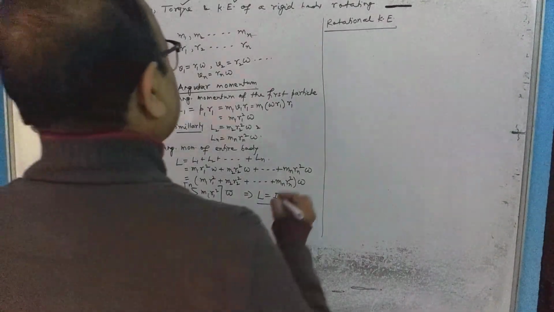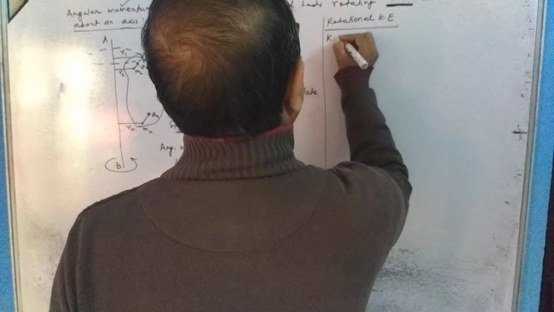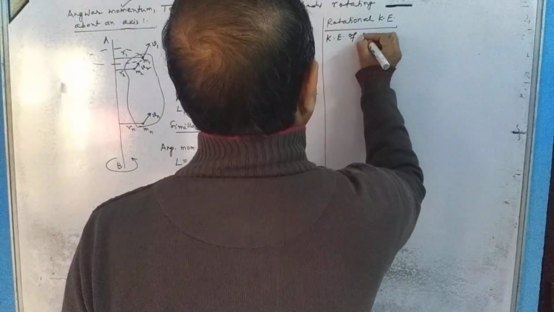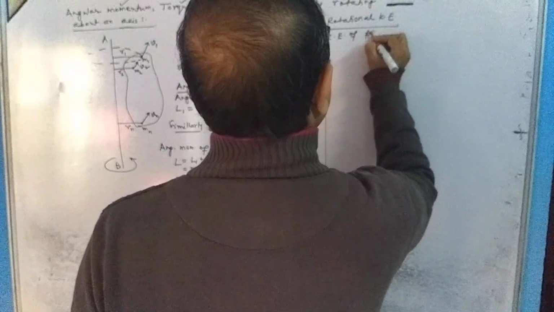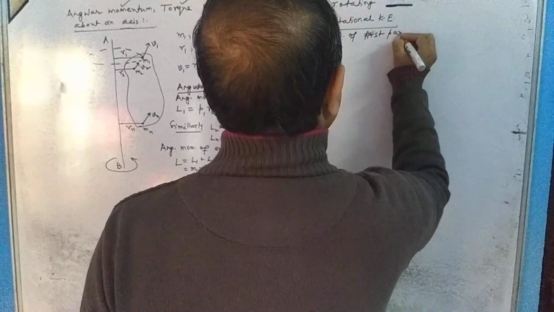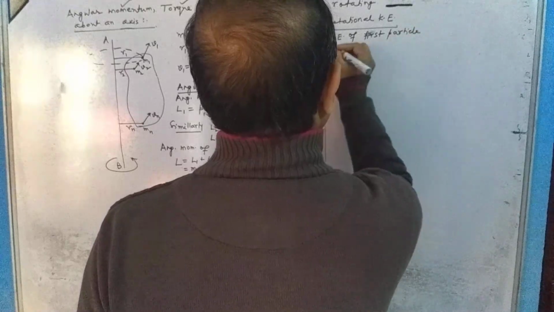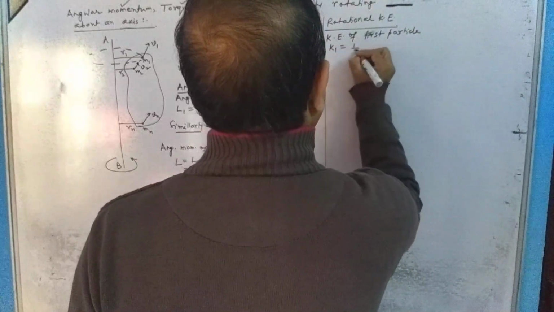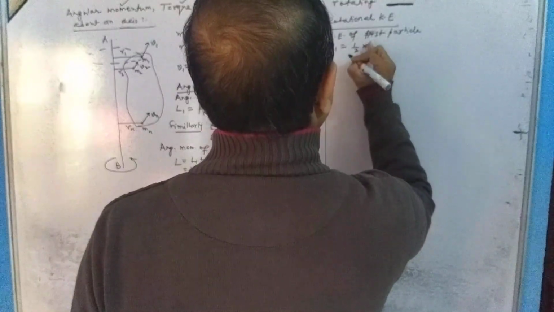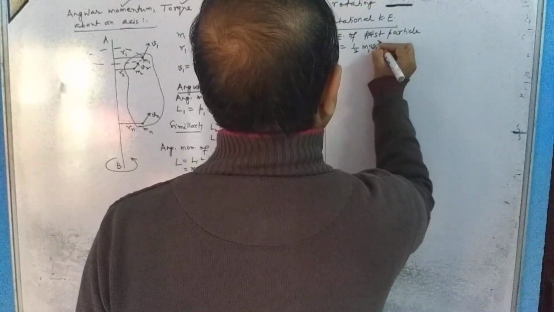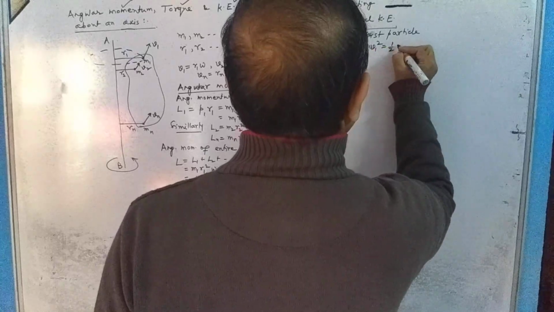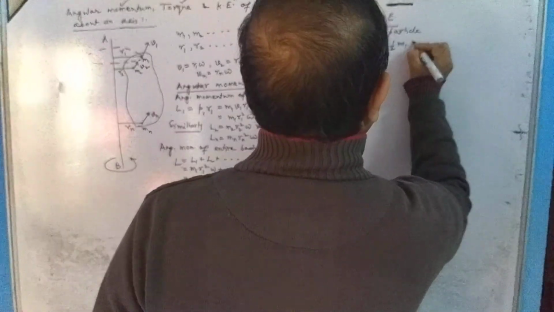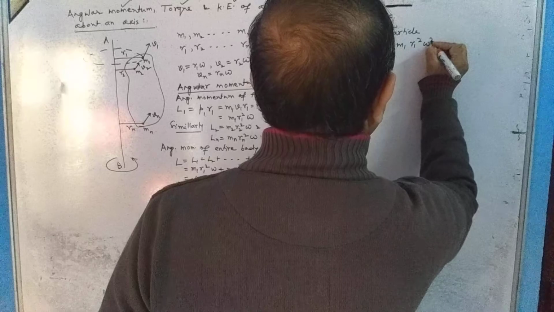First of all, here again, kinetic energy of the first particle, K1, is half m1 v1 square. That is half m1 r1 square omega square.